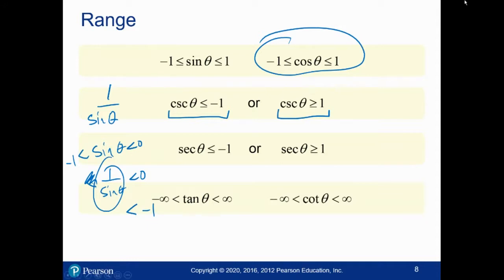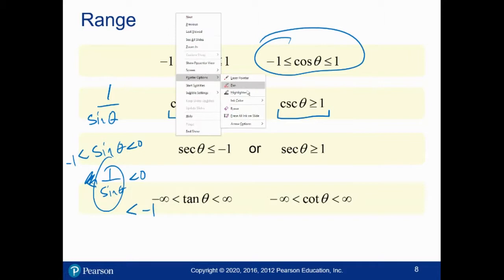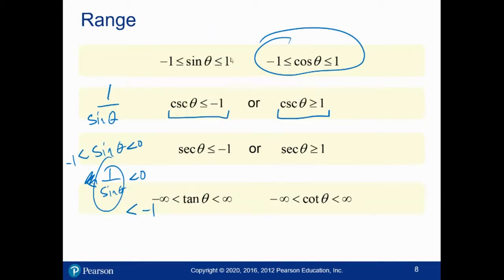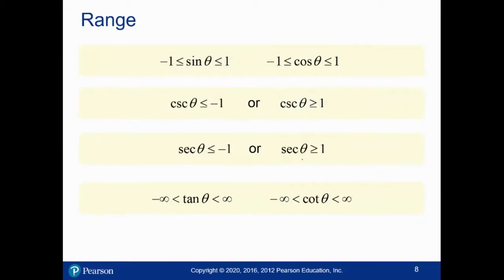So let me throw a picture of the unit circle up here to try to at least sort of justify that. Here's our unit circle. And the tangent of theta is the ratio of the y to x coordinates. So imagine I have very, very small angles here.